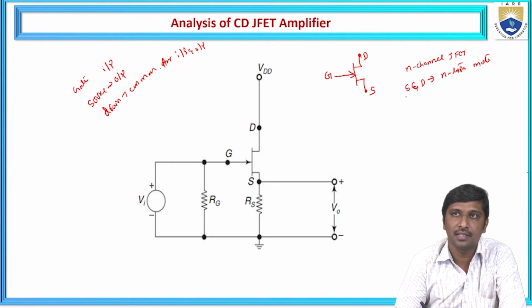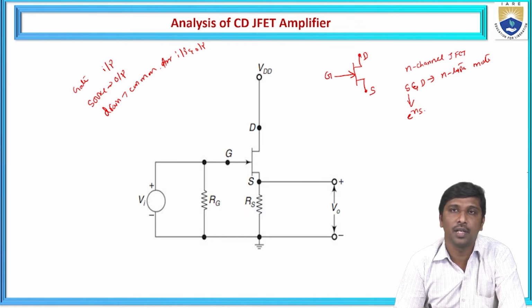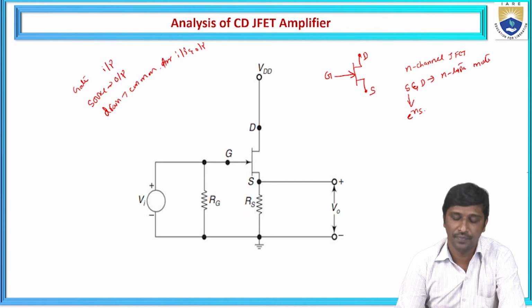When the source and the drain are N-type material, the majority charge carriers in the source are electrons. The source always gives the charge carriers to allow the conduction in a FET.